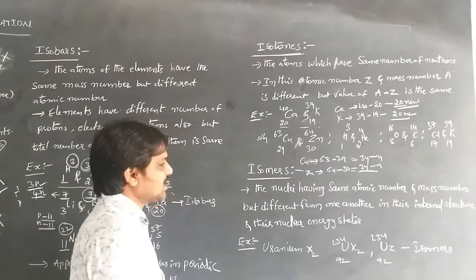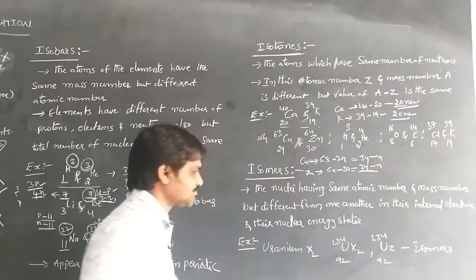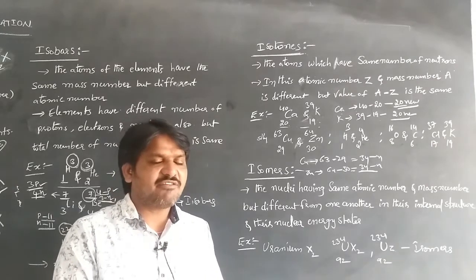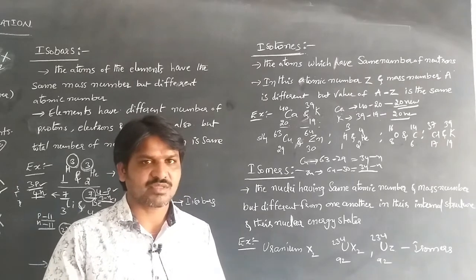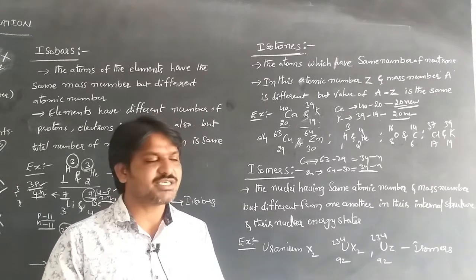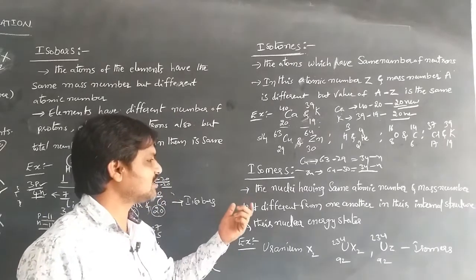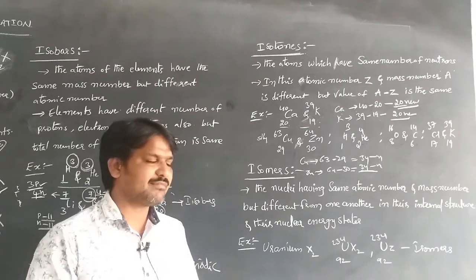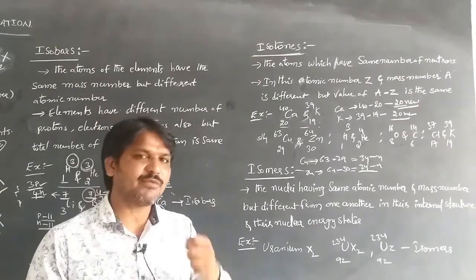The next one is isomers. Isomers have different nuclear energy: the nuclei have the same atomic number and same mass number, but differ from one another.